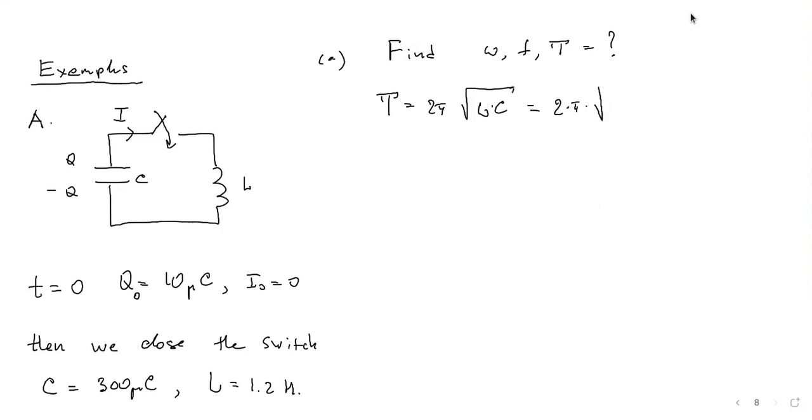Let's see. 300 microfarads, so it's going to be 300 times 10 to negative 6. Wait a second, this should be microfarads. Yeah, it's a capacitance, not microcoulombs. My bad. Sorry. Farads.